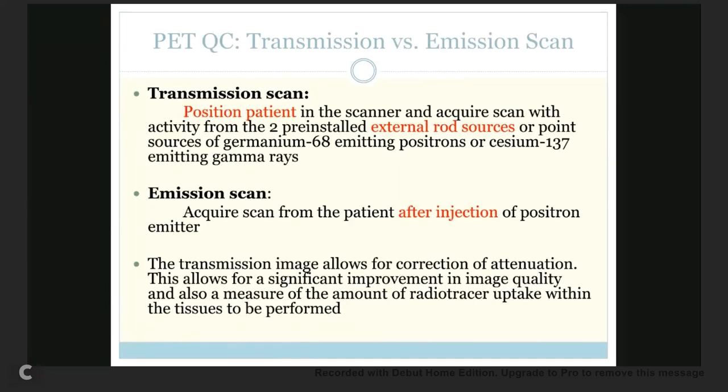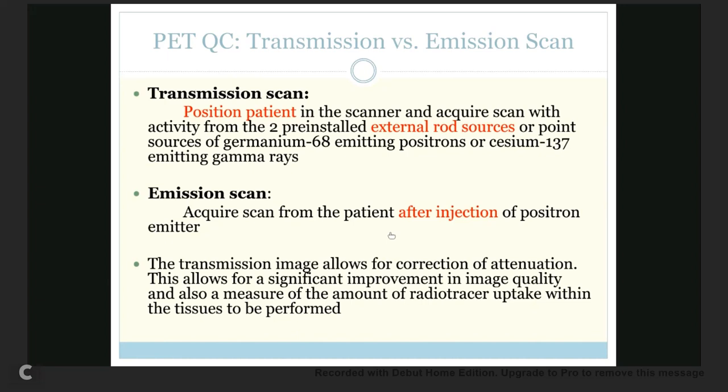All right. Wait, are you guys finished? Yes. Okay. So now we have the transmission versus emission. Transmission scan: position the patient in the scanner and acquire the scan with the activity from the two pre-installed external rod sources or point sources of germanium-68 emitting positrons or cesium-137 emitting gamma rays.